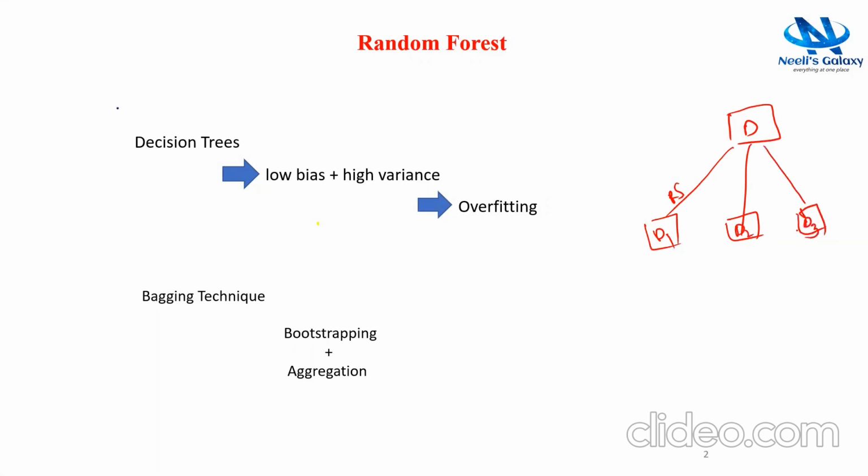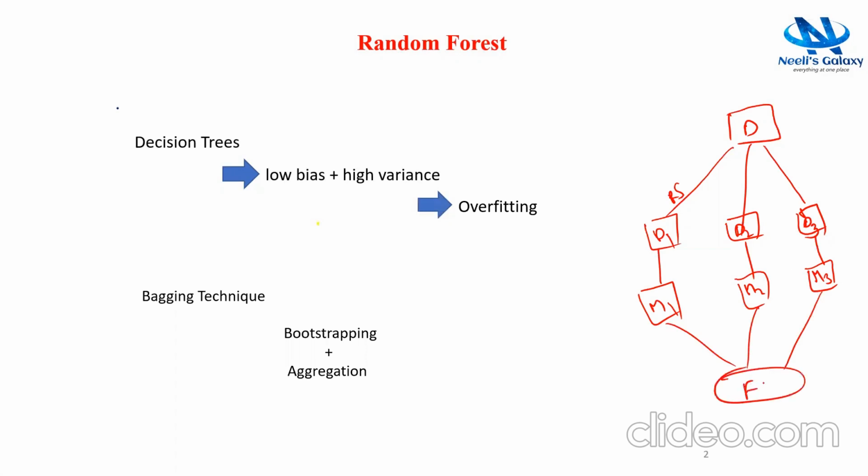Let us say these are D1, D2, D3, and so on. From each resulting dataset, a model is constructed. Here are the models M1, M2, M3, etc. This is the process of bootstrapping. Whereas in aggregation, it aggregates the results of all the constructed models to form the final result. The overall process is known as the bagging technique.